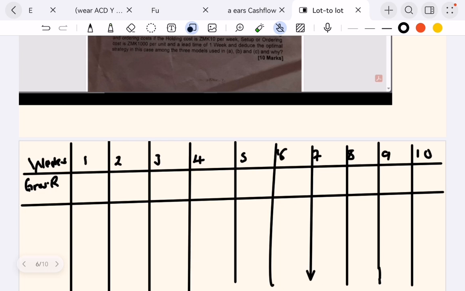So we have 3,500, 3,000, 4,000, 0, 1,000, 4,000, 3,000, 0, 3,000, then 5,500.